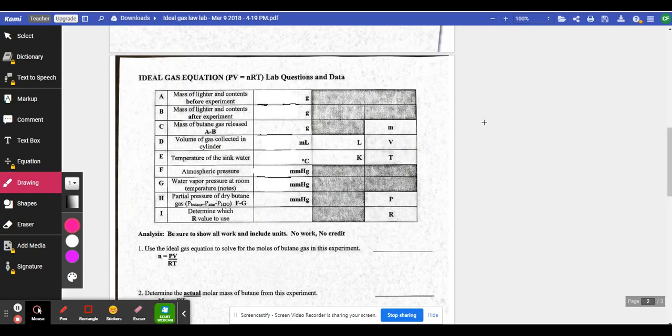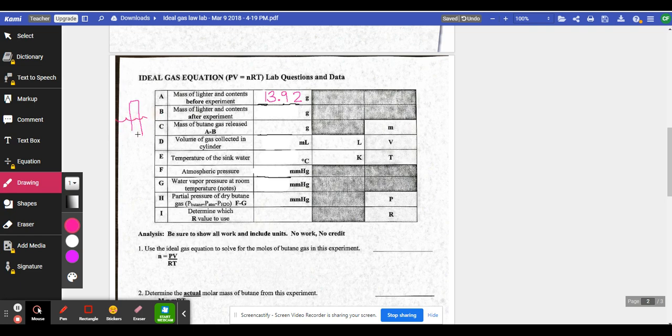Okay, so just to make sure that we wrote down all the data that we needed, what you just saw, the data that was collected, was we got the mass of the lighter and the contents for the experiment, which was 13.92 grams. Then we went ahead and filled up our graduated cylinder, right? So you saw that I inverted it into the water.